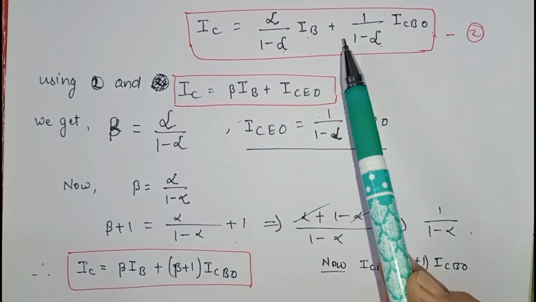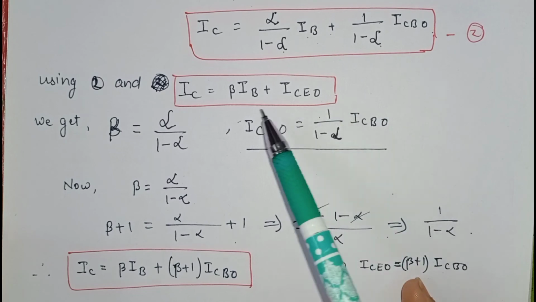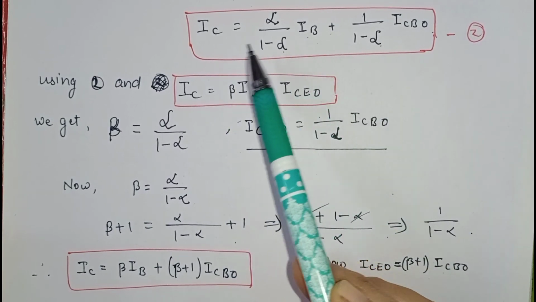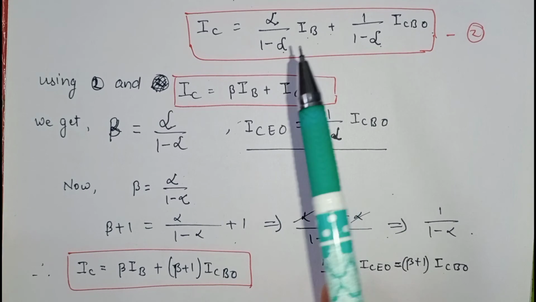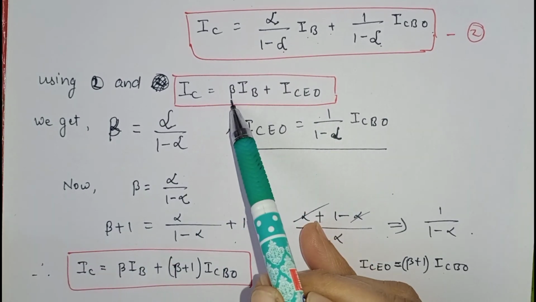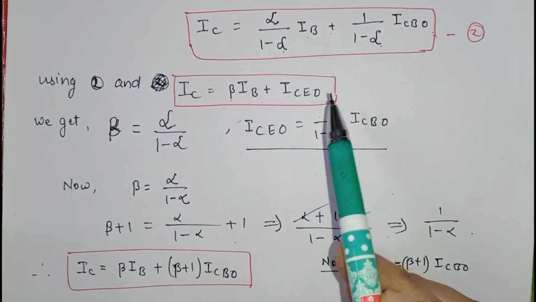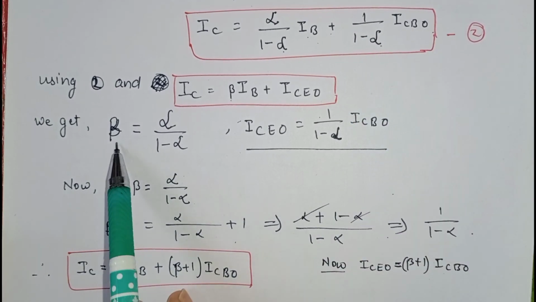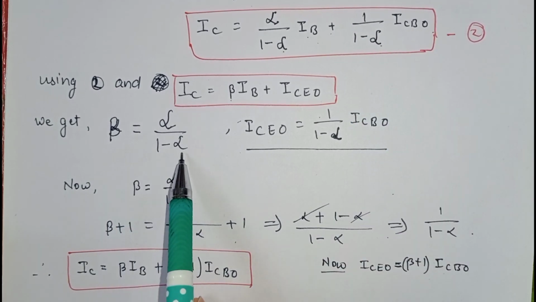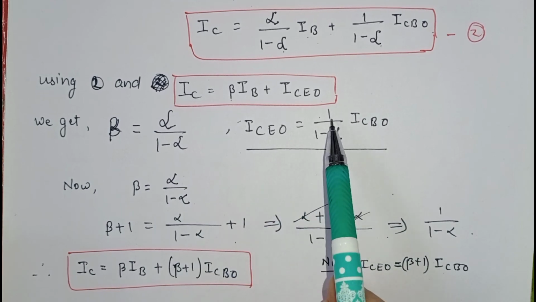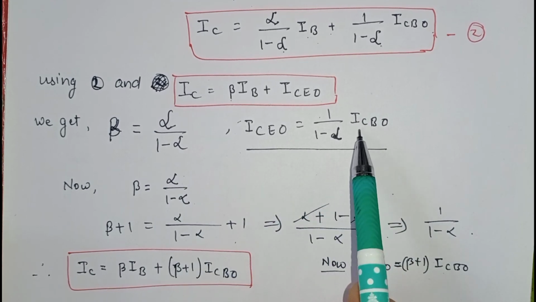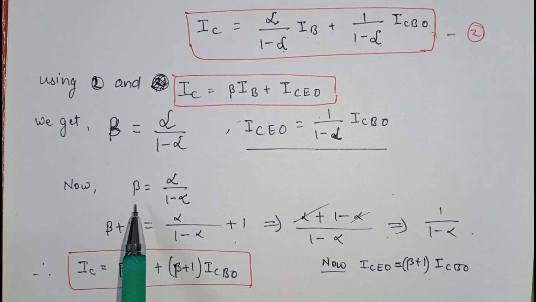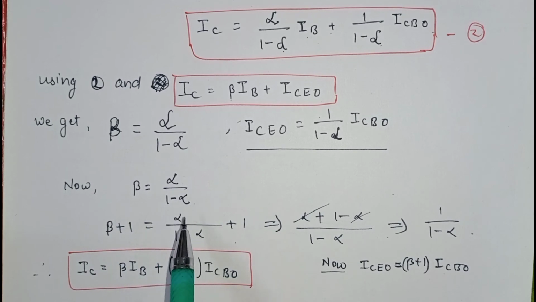Now we will compare this equation and the equation that we have derived earlier. After comparing this, we find that this beta is equal to this term and this ICEO equals this whole one. So beta will be equal to alpha upon 1 minus alpha, and ICEO equals 1 upon 1 minus alpha into ICBO.